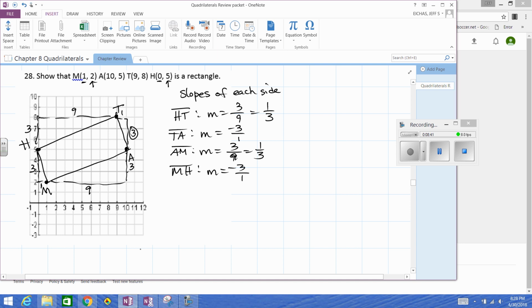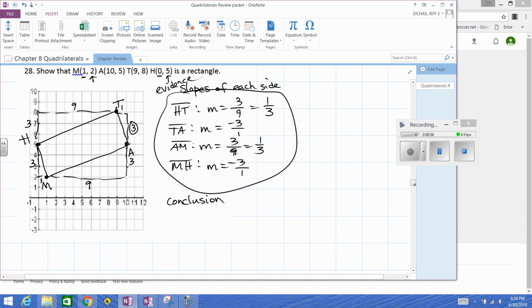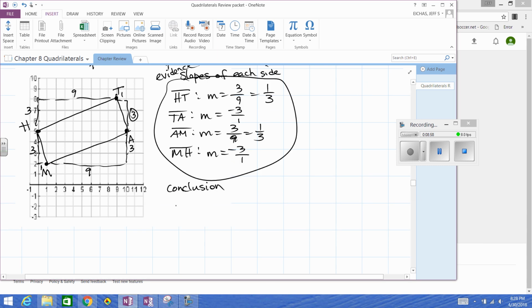Okay, so show that it's a rectangle. This is our evidence that we're going to use. Now we're going to draw our conclusion. And then we'll summarize. So the conclusion comes from, there's 2 steps to the conclusion. Okay, first all the perpendicular lines. Technically, I should do this.